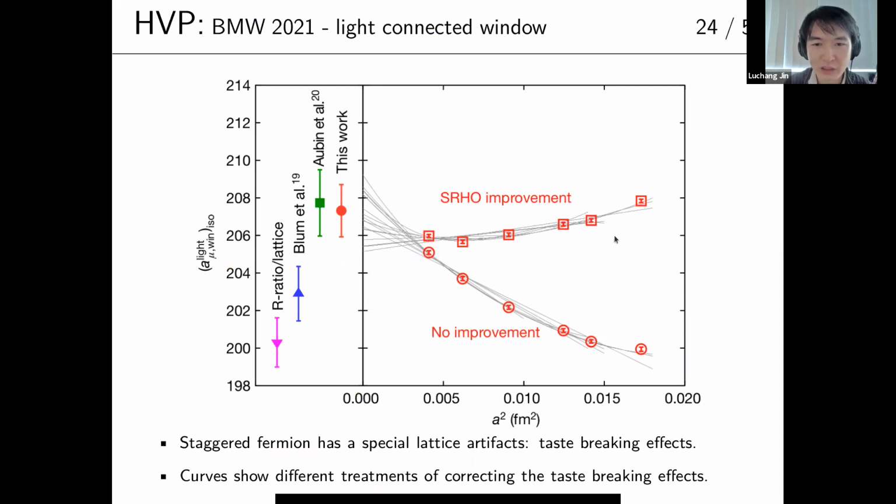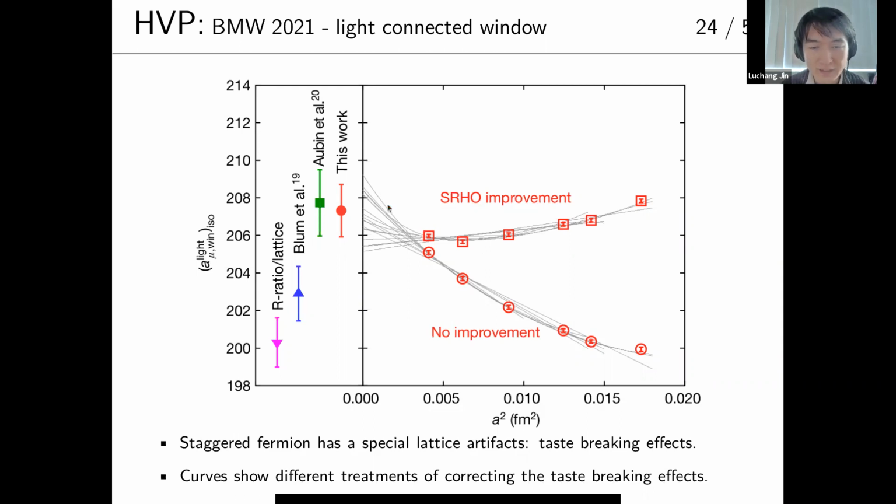So this is the continuum extrapolation, which is a large source of systematic errors in this lattice calculation. For the window, this plot we are seeing is BMW's value. This curve is the pure lattice curve, and this curve is using lattice data combined with some calculations trying to reduce the leading order discretization effects due to the taste breaking phenomenon that one has for staggered fermions.